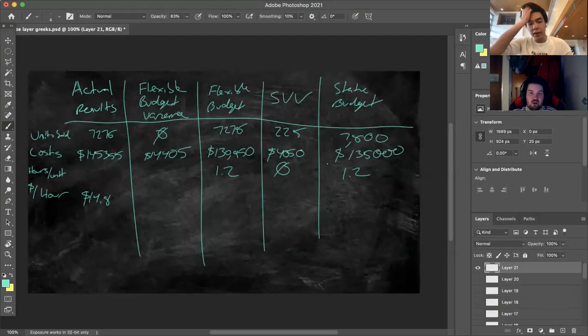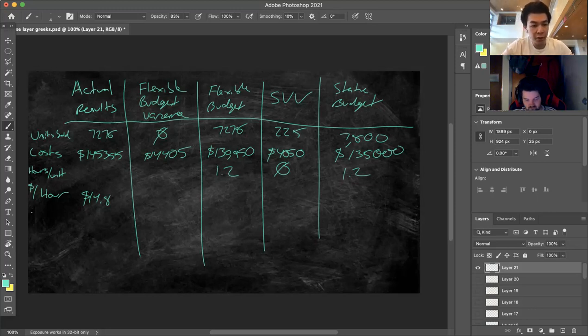So the first thing I would do is I look at this and I'm like, okay, we have the units sold, right? And we have the cost, right? So therefore, we take cost divided by units sold, it would get us the cost per unit. So we do cost per unit.